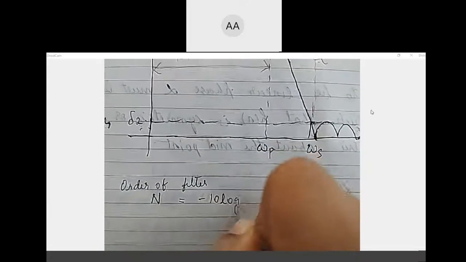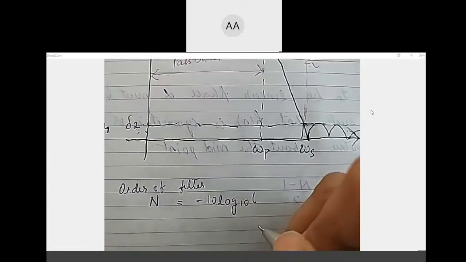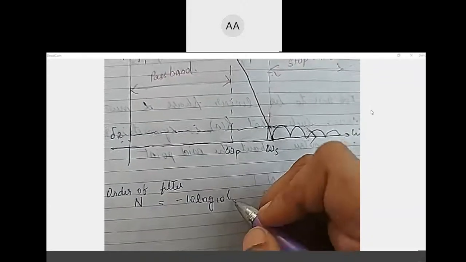There's an empirical formula given for this. You don't have to worry how this has come. You can write it, and we may not really use it in many of the problems, because in FIR filters they won't give you the ripple value and they'll not ask you to solve a problem. In case they ask you, you can use this.